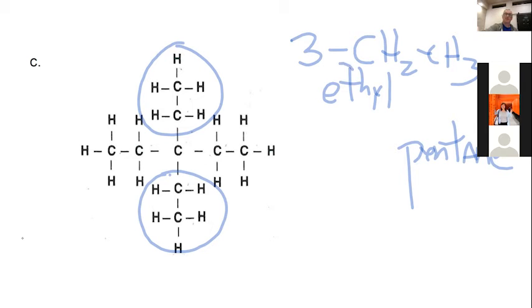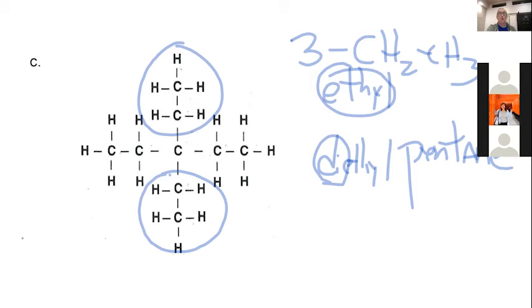Since both substitutions are ethyl, we use diethyl. Now remember, this just says the total number of ethyl groups in the pentane molecule. How many substitutions of ethyl are there? A total of 2. Where are they? Well, they're both in the same place. So we have to say 3 and 3. So that means the first ethyl is at 3, second ethyl also at 3.